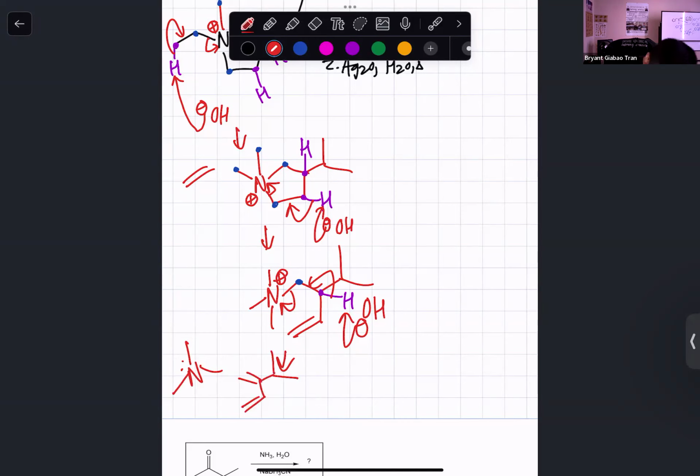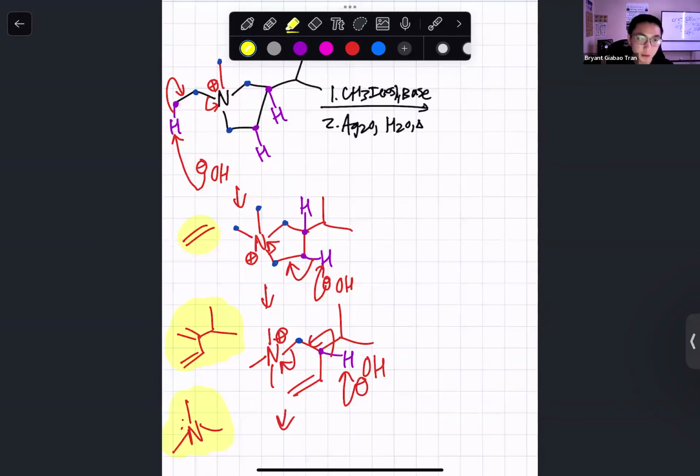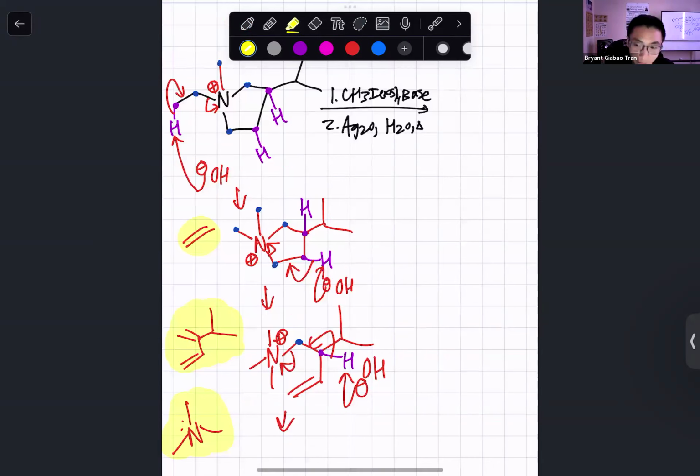And these alkenes right here: for Hofmann elimination, these are our three products that we formed. That's how you can predict the product for Hofmann elimination quickly without doing the whole mechanism.